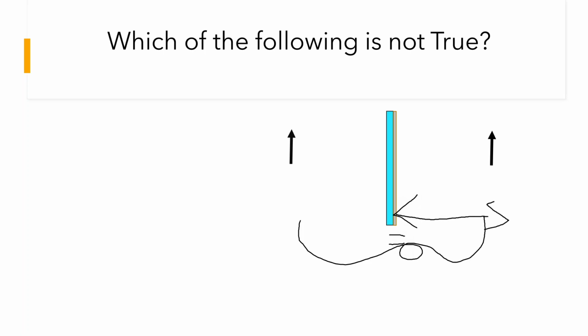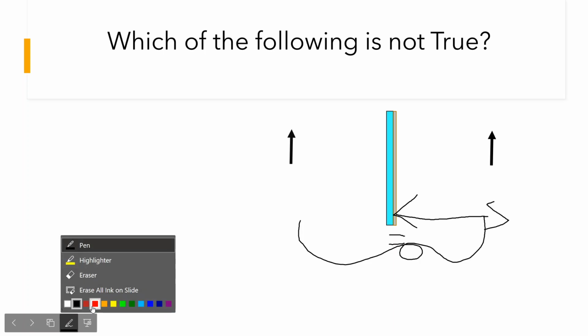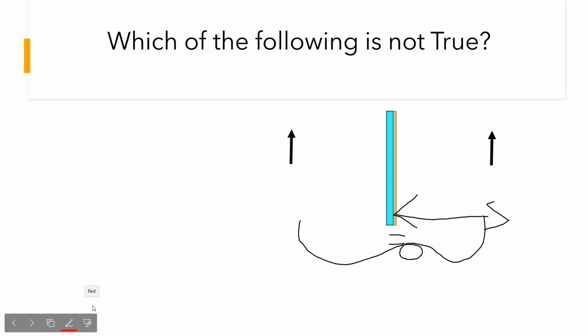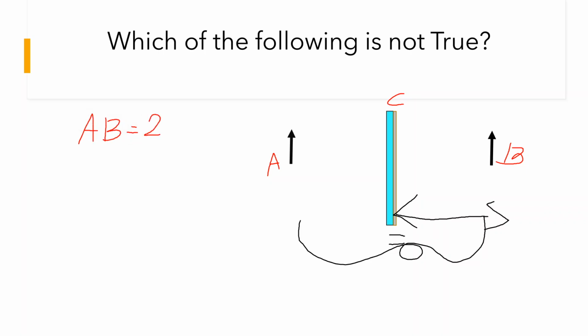This is the distance between the image and object. I'll take this as A and this as B, and the mirror as C. They are telling AB is equal to 2AC. Is this true or not, they are asking.